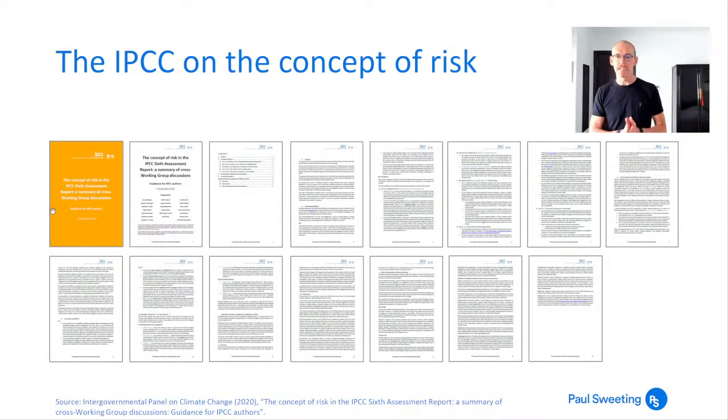So the IPCC, the Intergovernmental Panel on Climate Change, this is what they think of risk. And it is this extremely long document talking about what their view of the concept of risk is. And it is actually a very good document. It outlines all of the important factors around what risk does and doesn't mean.